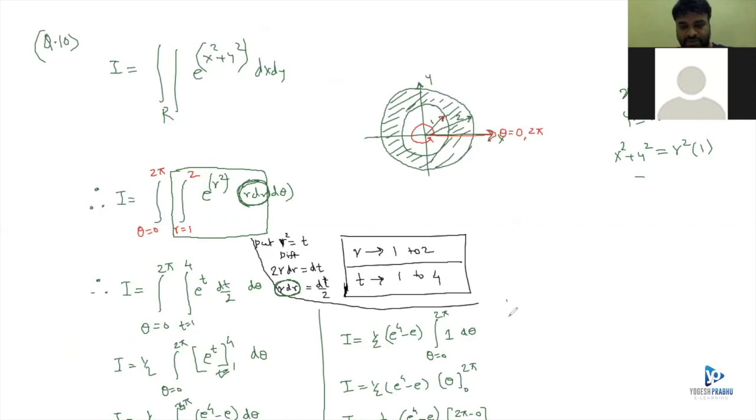And 2 cancels out. It will be pi times e to the 4 minus e.